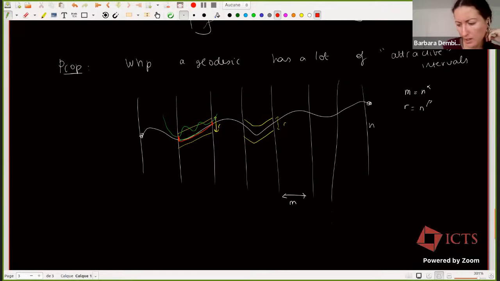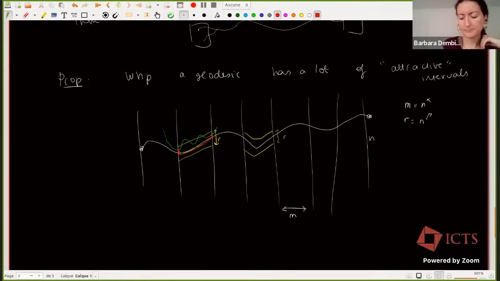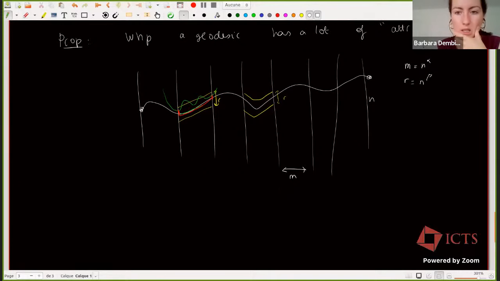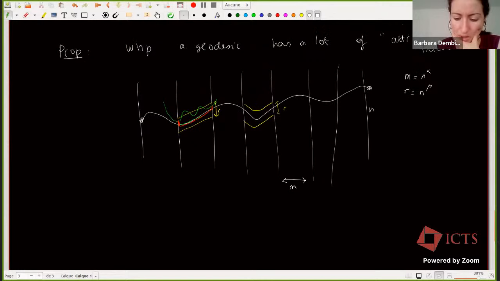And so how do you prove such a thing? We will see how it is useful after that. And as I said, this proposition is true in any dimension. If you want to prove that the geodesic has a lot of such intervals, there are basically two things you need to do.